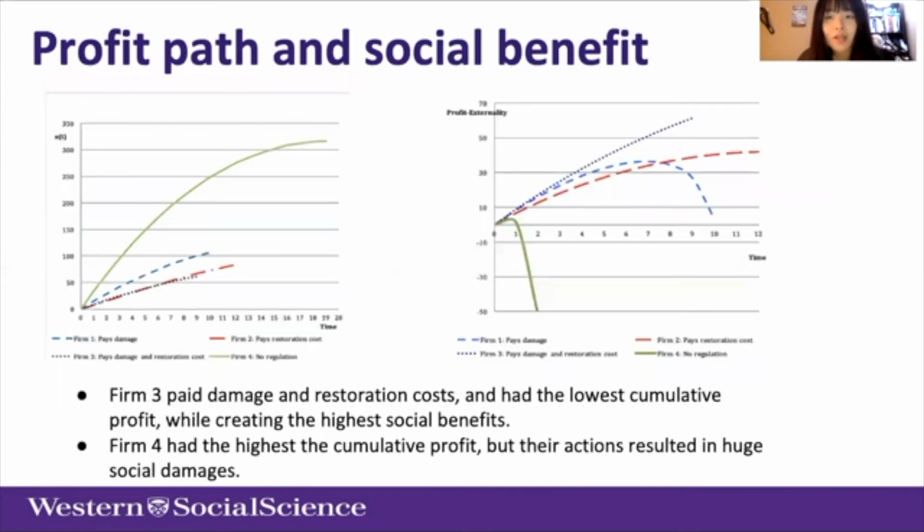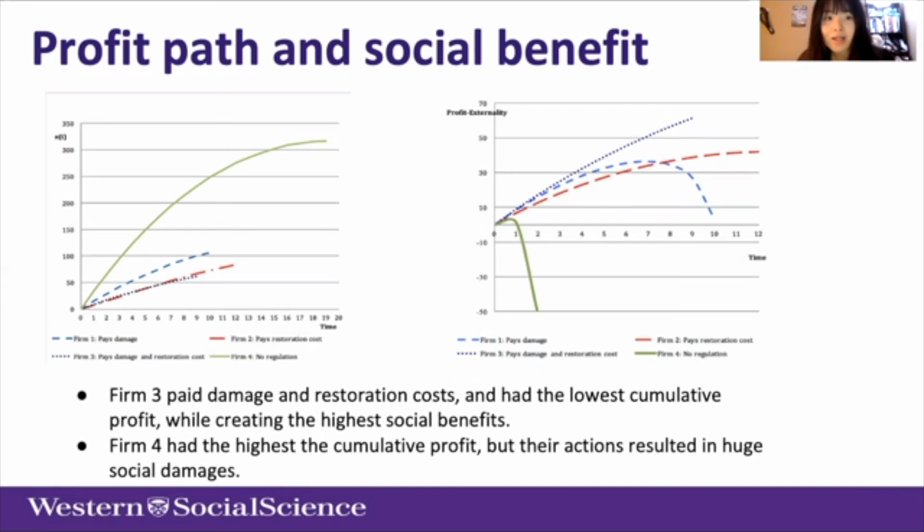Another quantitative analysis is focused on the profit paths and social benefits. Let's see firm 3. Firm 3 paid the damage and resource cost, which gives it the lowest accumulated profit, while it created the highest social benefit.